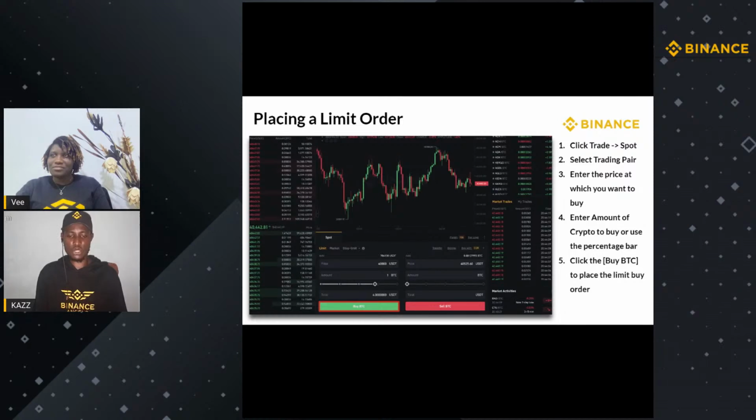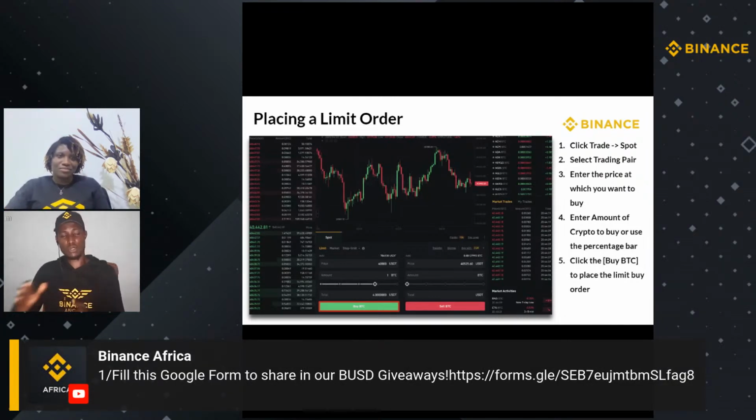The next thing is to enter the price at which you want to buy the asset. You enter the amount of crypto to buy, or use the percentage bar, which is always below the amount input box. You can drag it to the end, which means 100%, or to the middle, that's 50%. So you can use it to tell the system the amount you want to spend.